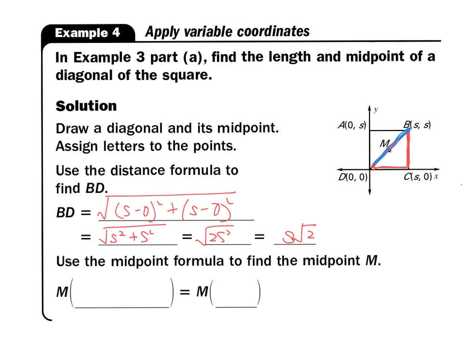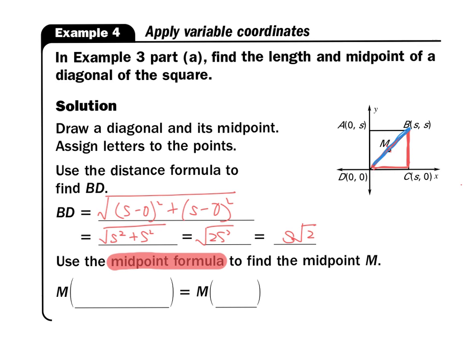And be careful when we look at the midpoint. Here it specifically asked us to find the midpoint, meaning the coordinates of the midpoint. And so you have to use the midpoint formula. Remember, I've said it many times that to find the midpoint coordinates, it's like taking the average. If you take the average of the x coordinates and the average of the y coordinates, you will find the coordinates of the midpoint.